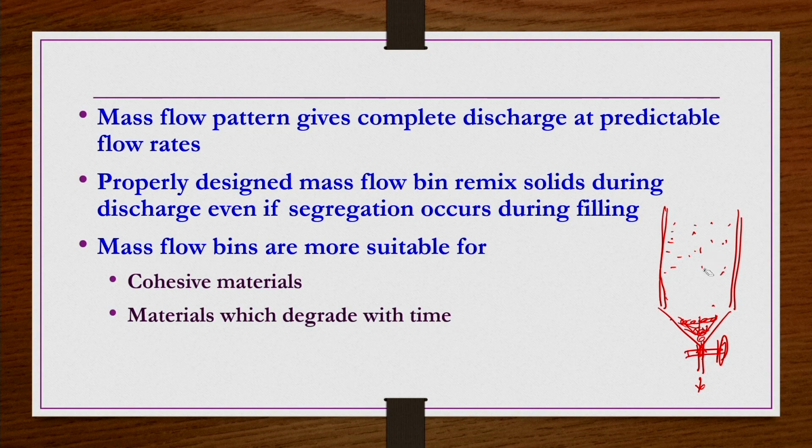Let us see what flow patterns happen with these materials. Initially, when you are not drawing it, the bin is filled like this, but when you start drawing the solids out of it, rat holes are formed.